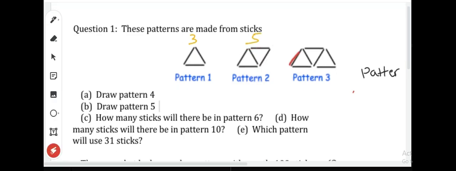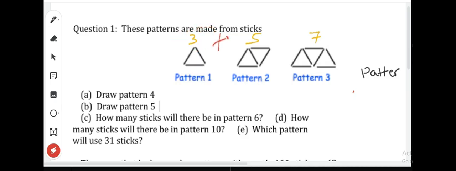Pattern 3 has 7 sticks. So we can already see the order. Term to term rule is +2, +2, and so on. The common difference is 5 minus 3, which is +2, or 7 minus 5, which is +2.